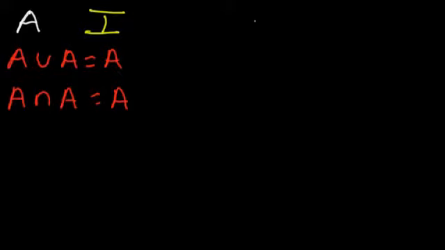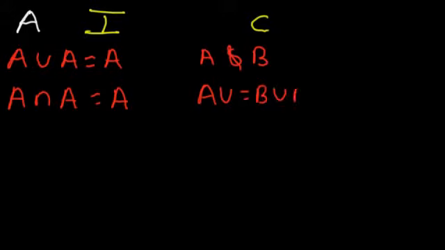So let me denote that with C. Now this law says that if A is a set, B is also a set, then A union B is equal to B union A. What are we saying? It says if A is a set and B is also a set, then A union B is equal to B union A.